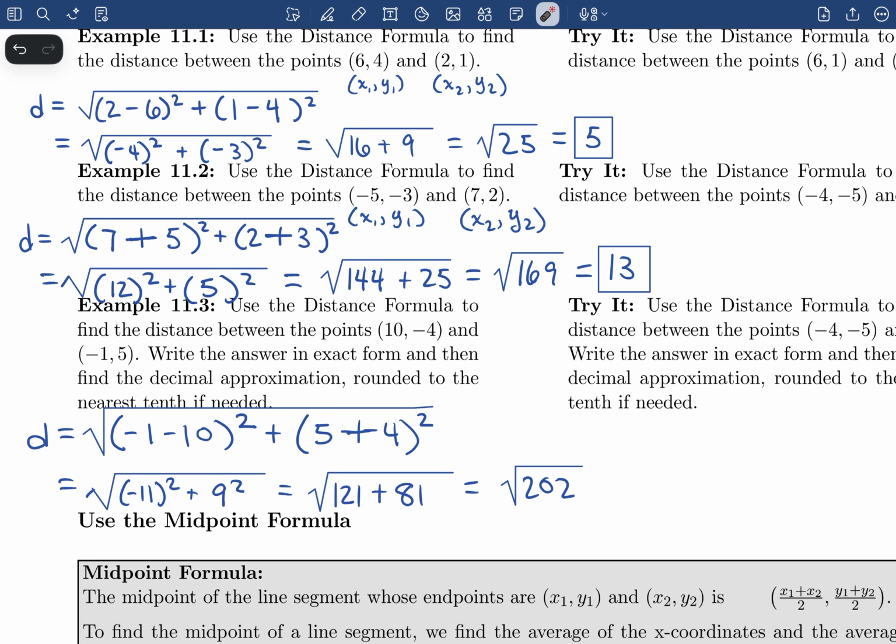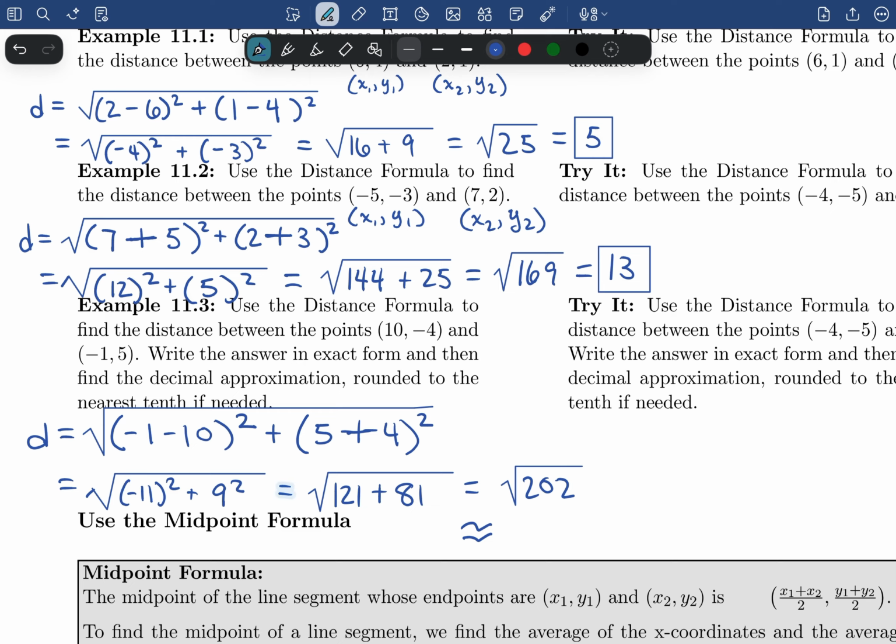So in your calculator, you can type the square root of 202, and you're going to get the approximation of 14.2. It's approximately 14.2. Here I'm going to box the exact answer, and then here is the decimal approximation. Awesome.